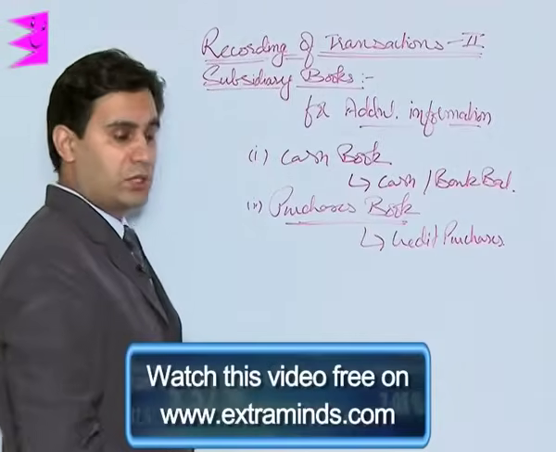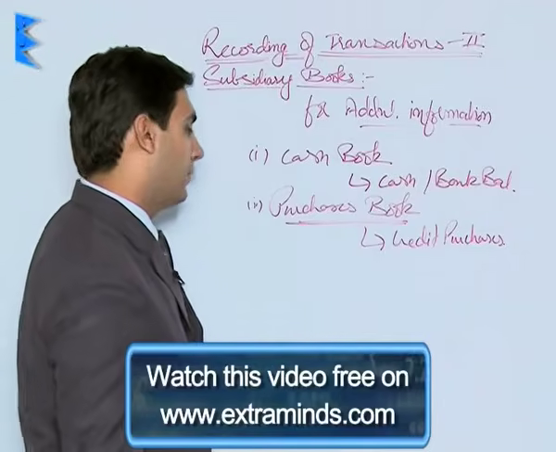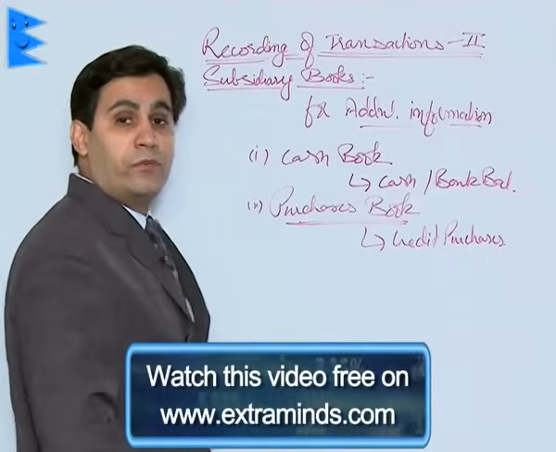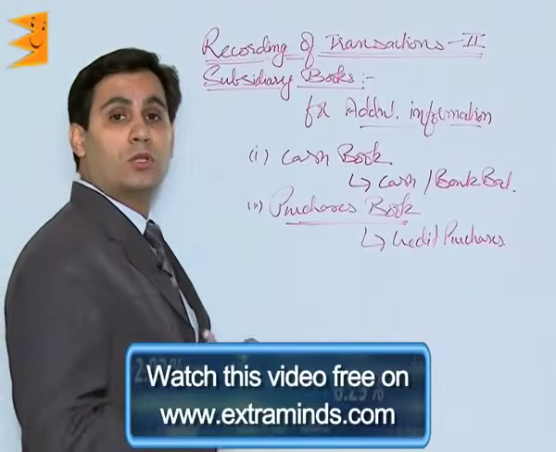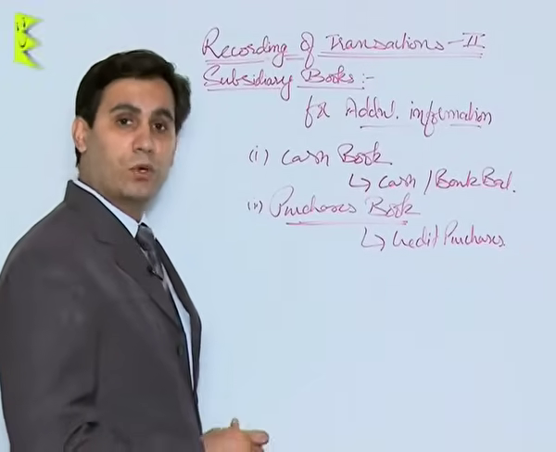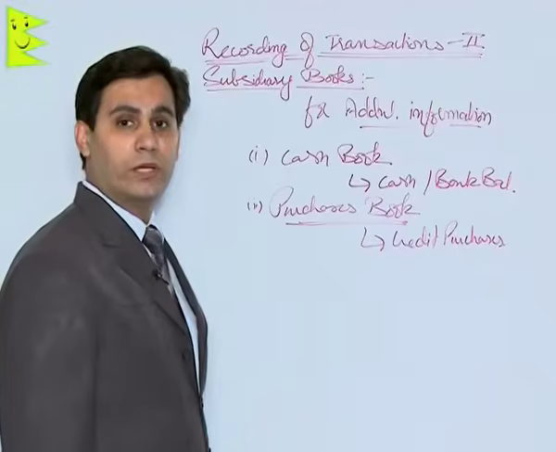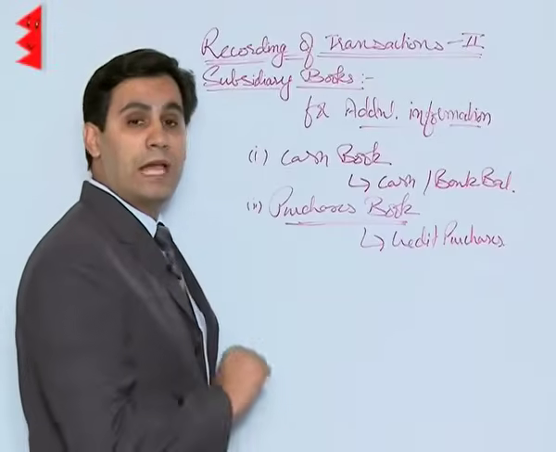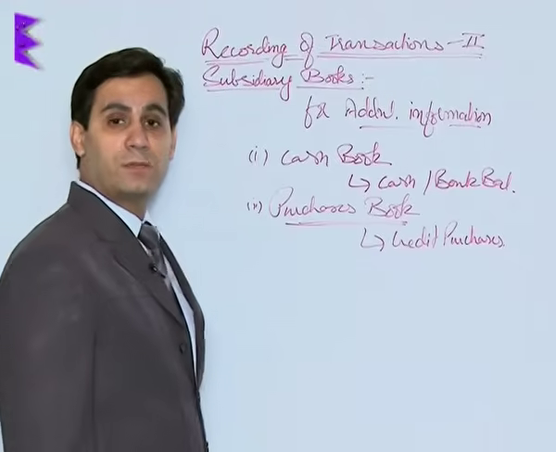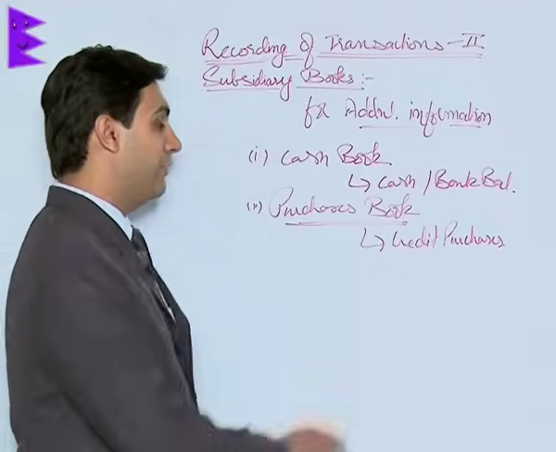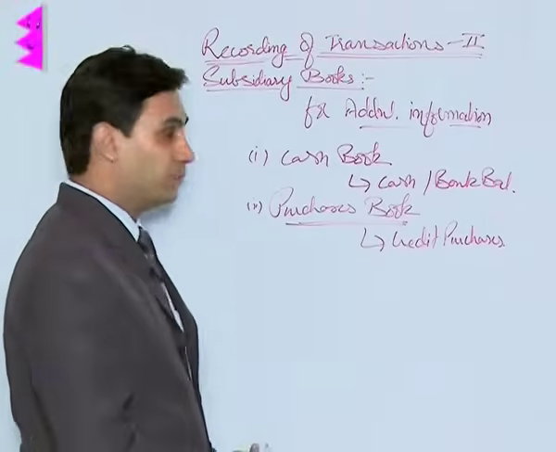Purchase book shows credit purchases. Now earlier we used to prepare purchase account. Purchases account shows total purchase, that is both cash and credit included. But if we want to calculate credit purchases, or we want to calculate separately what are cash purchases and what are credit purchases, then we need to prepare purchase book.